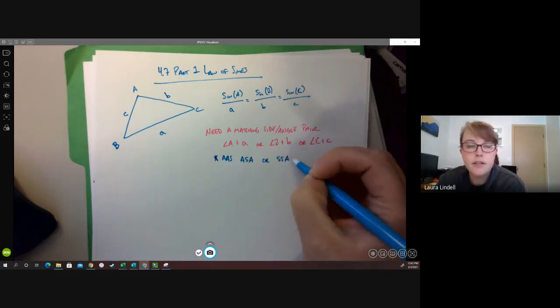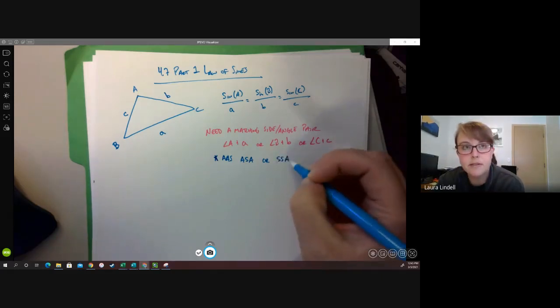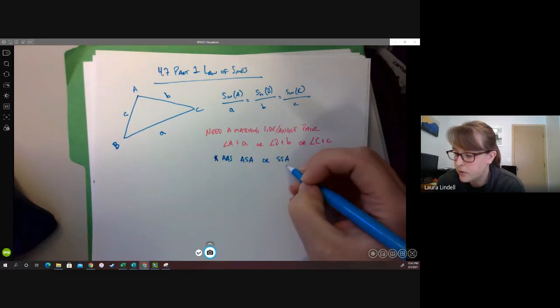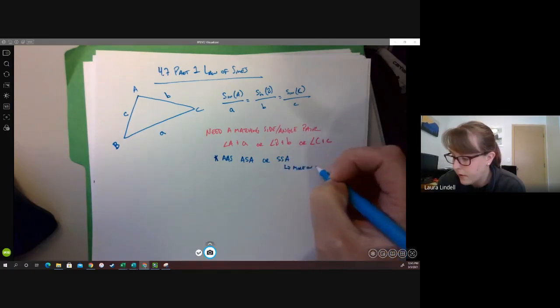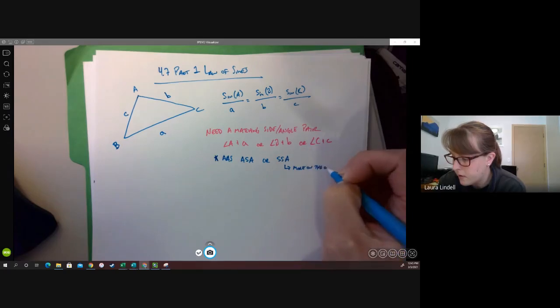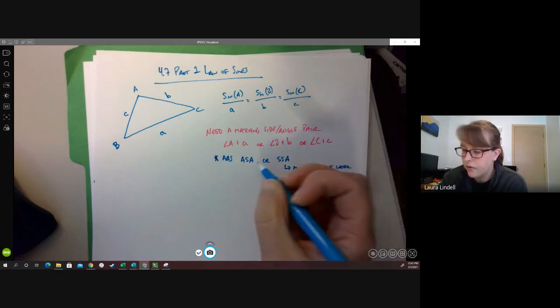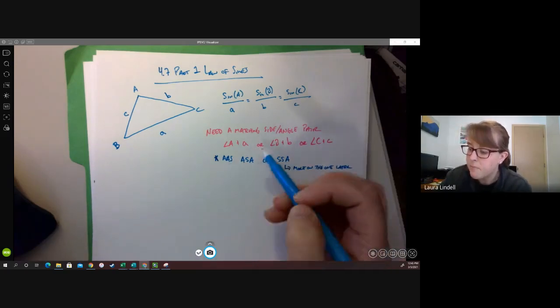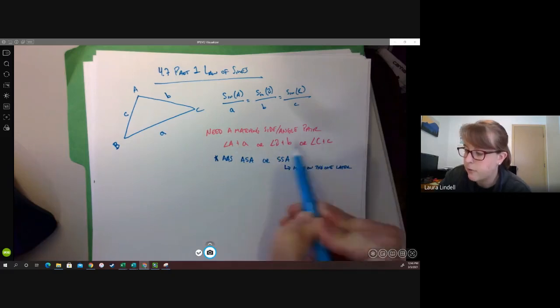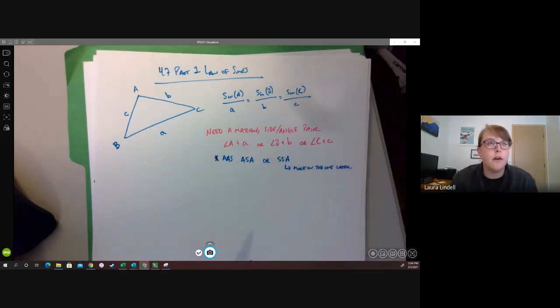This one, however, is going to be a special circumstance case that we'll talk about later. For now, we're going to focus on these two and the main idea that you need a matching side angle pair in order to use the law of sines.